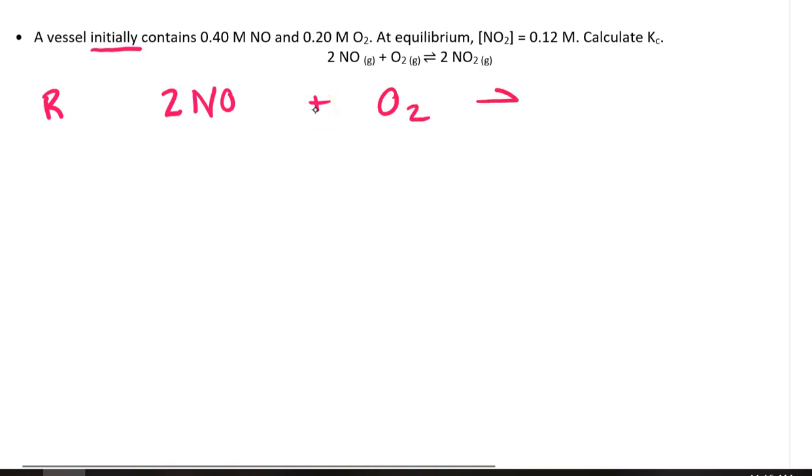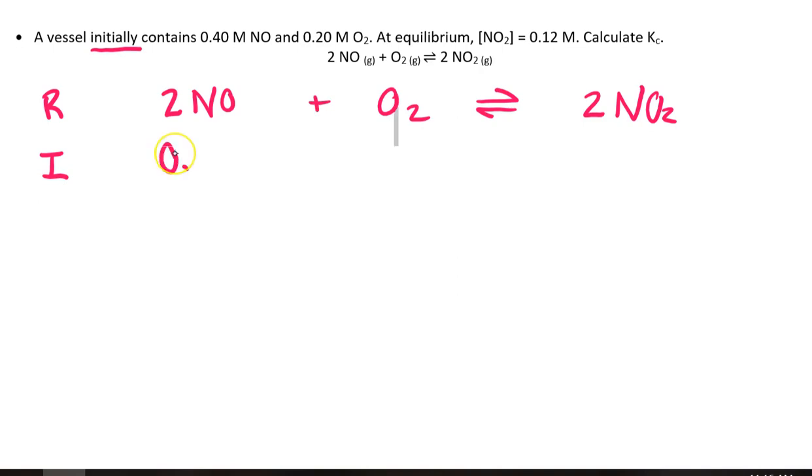Alright, so again, your key that you need to use a RICE table is if we are given initial concentrations. R is for the reaction. I is for the initial concentration.